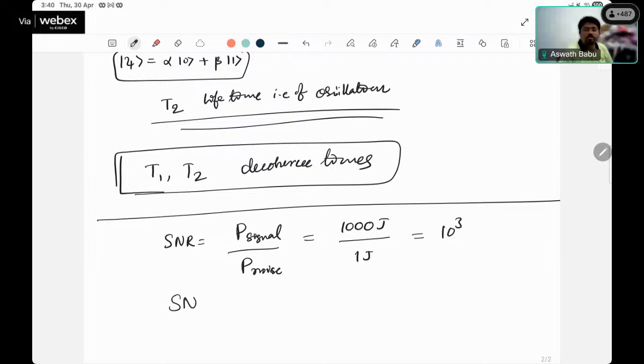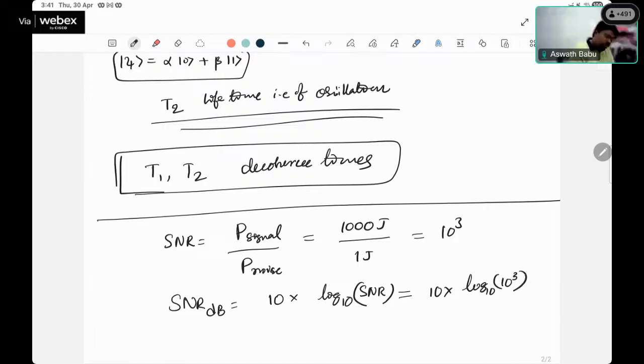Now SNR in decibels is 10 multiplied by log base 10 of 10 to the power of 3.